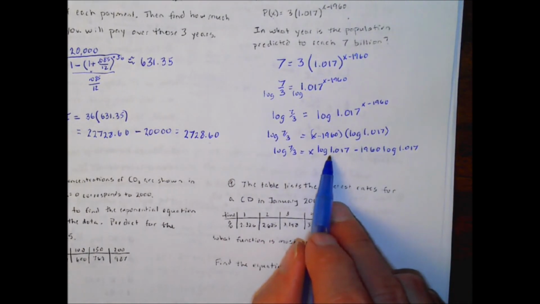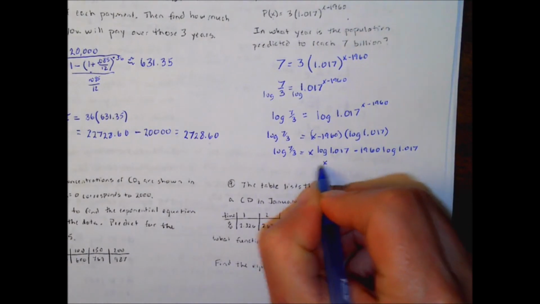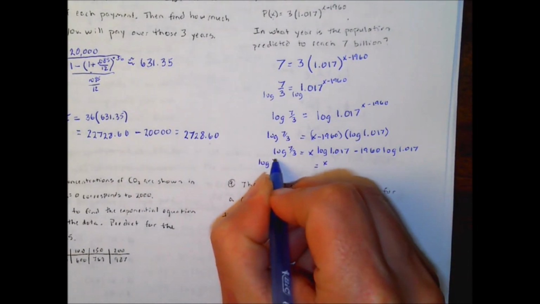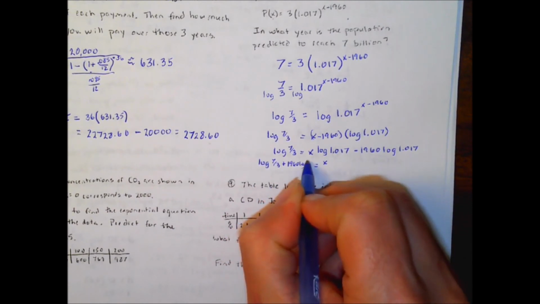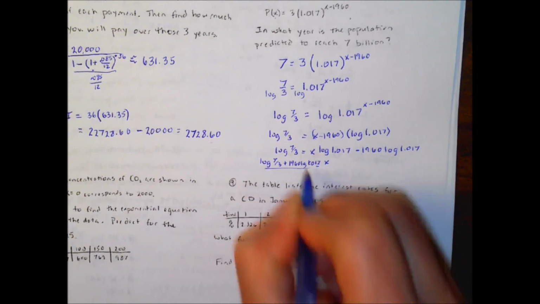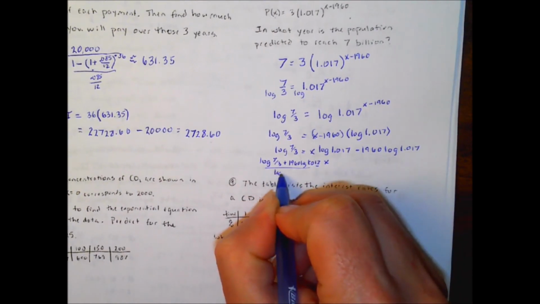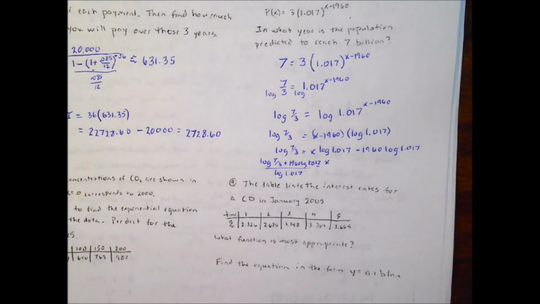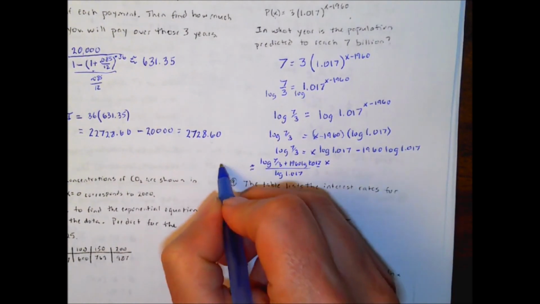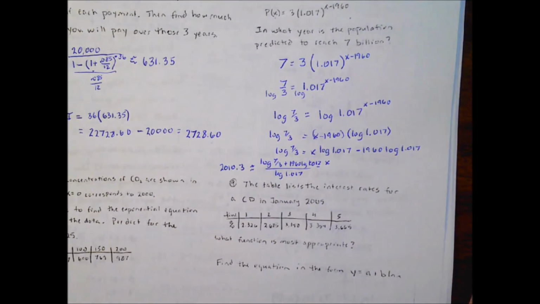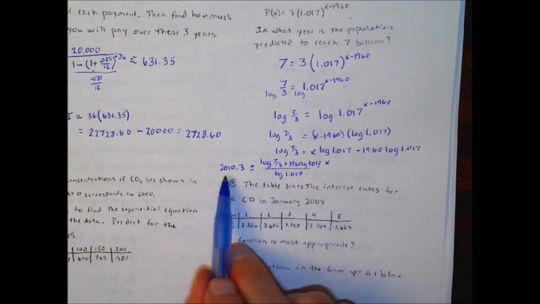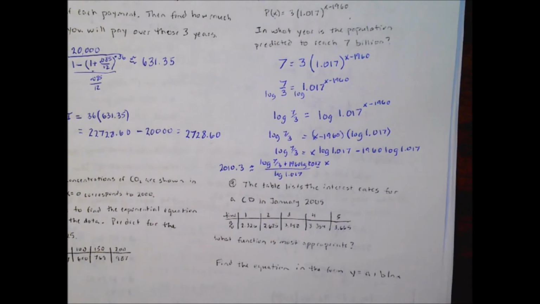Okay, so x is going to equal log of 7/3 plus 1960 log of 1.017 divided by the log of 1.017, which is approximately the year 2010.3. So a third of the way through the year 2010 is where it would have been expected to be 7 billion people. I just looked up on Desmos, and it's about 7.6 billion people right now.